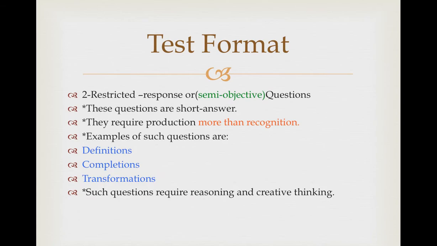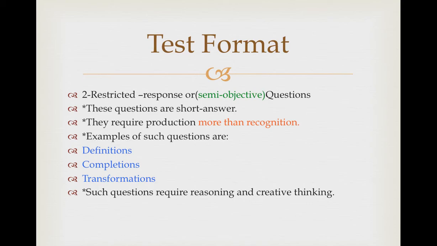Now we come to the second test format, which is restricted response or semi-objective questions. Well, these questions are short answer. Short answer here may range from 5 words, 6 words, to a line or a line and a half or 2 lines.